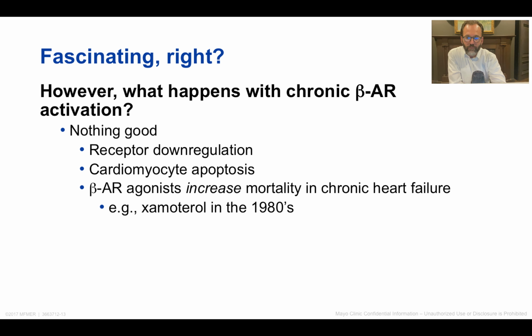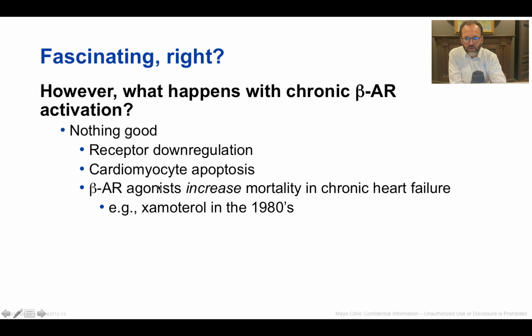Interestingly, it's not just a theoretical, animal-based experiment that people would say could potentially be bad for patients. It's actually been shown empirically that beta-adrenergic receptor agonists, or stimulators, increase mortality in chronic heart failure.